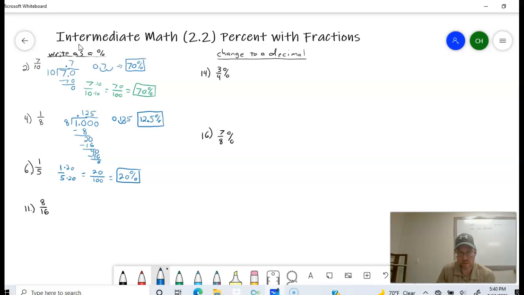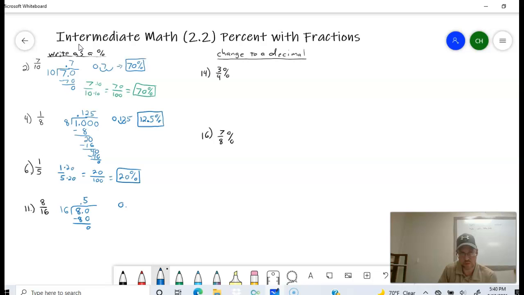Number 11, 8/16. 16 doesn't go into 100 evenly, so I'm not going to have a trick there. 16 doesn't go into 8, so I'll do my decimal trick. 16, how many times does it go into 80? So it goes, oh, golly. Look, we're going to go ahead and do it. So that it goes in there 5 times, which equals 80 minus 0.